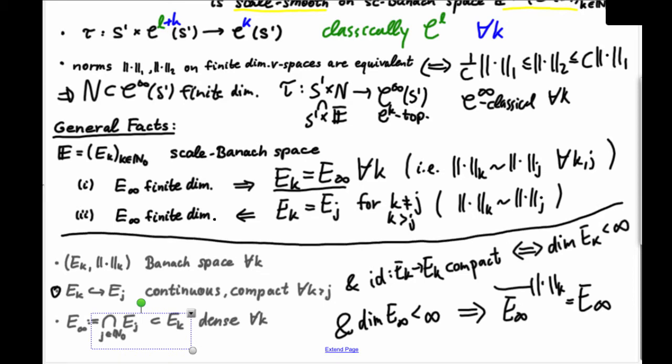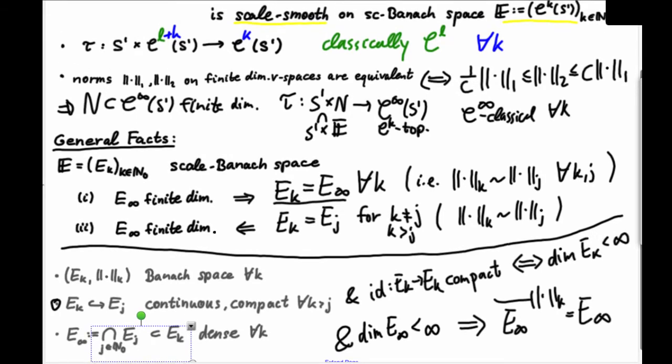So, little exercises in, I don't know, functional analysis, or even just norms on Banach spaces that say a little bit about what the possible scale structures are. Right? So finite dimensional scale Banach spaces are boring.